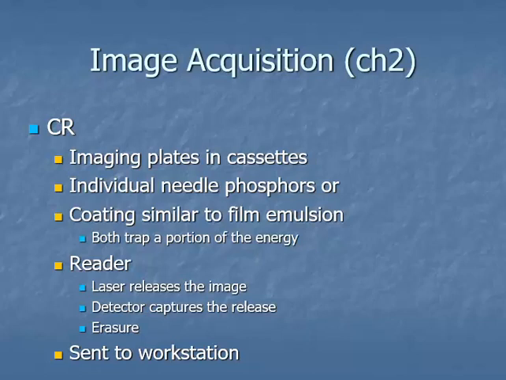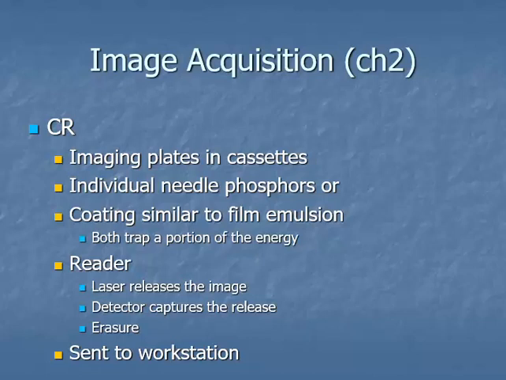CR involved imaging plates inside of cassettes, and they looked a lot like screens and film technology. The benefit of changing to CR before DR was that the processor was replaced with the CR reader, and the cassettes with the films inside were replaced with a CR cassette with the imaging plate inside.